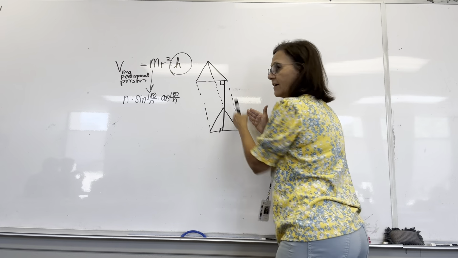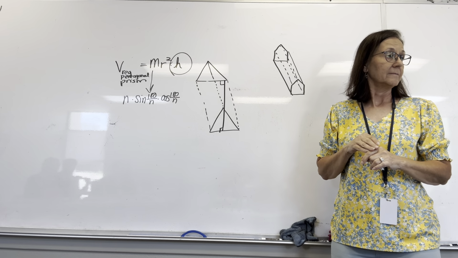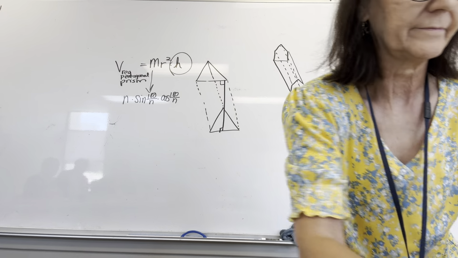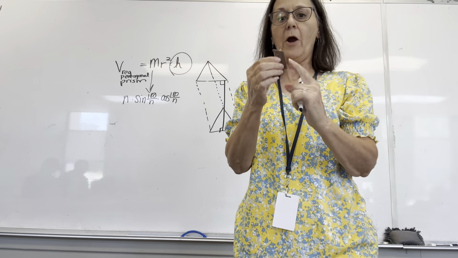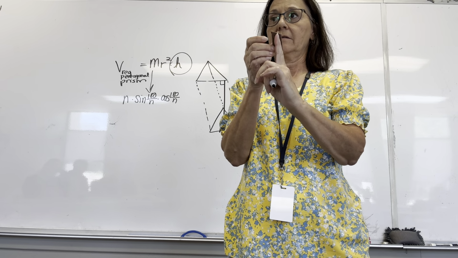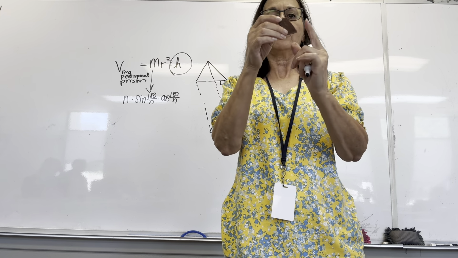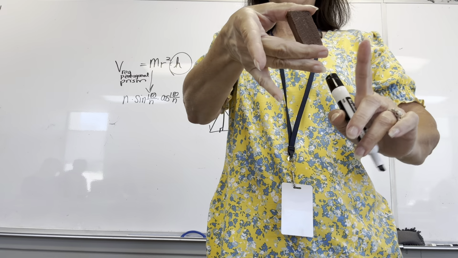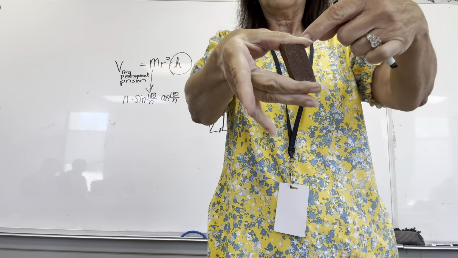It's not the length of the side, it's a perpendicular altitude to both of the bases. I would go perpendicularly through this. The height would be the distance between my fingers, not the length of the side.